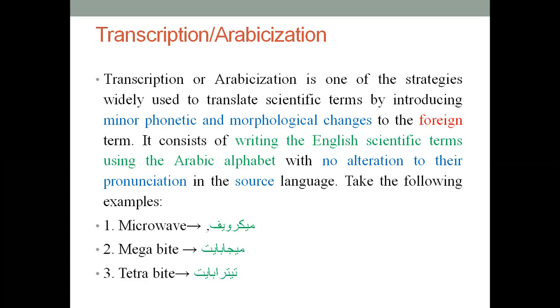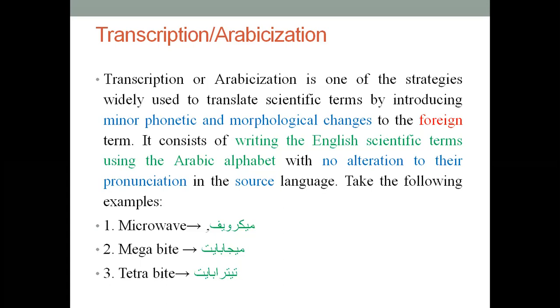but we can make slight differences in terms of alphabetics or in terms of phonetic or morphological changes, such as microwave. It can be rendered into Arabic as microwave, and we have made a simple phonetic change.